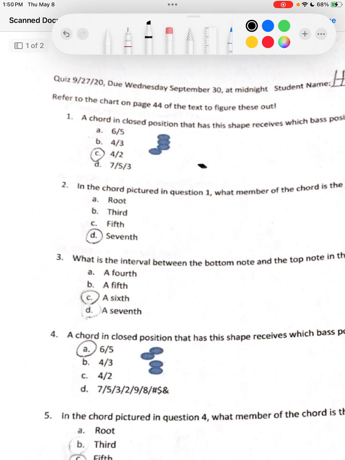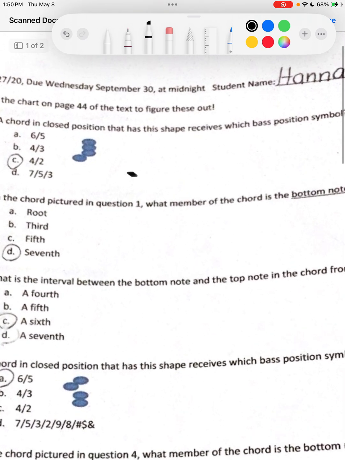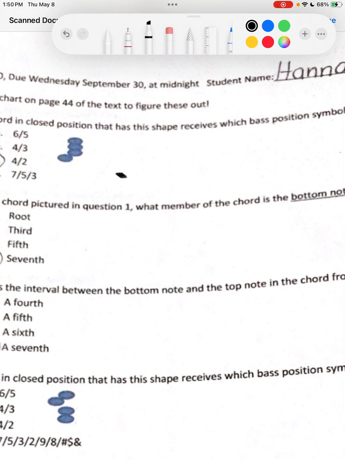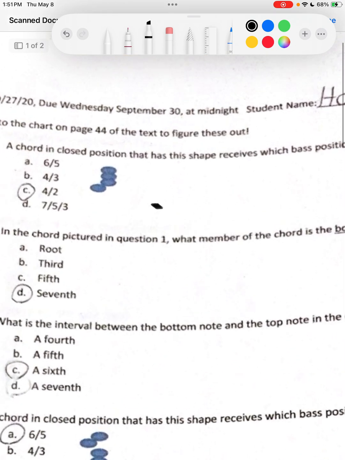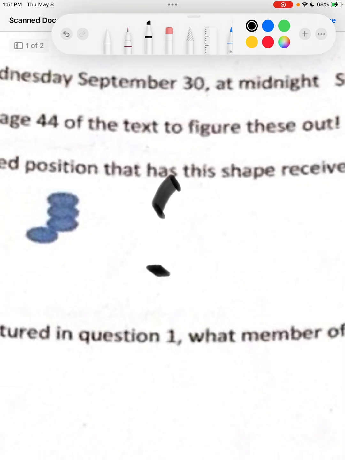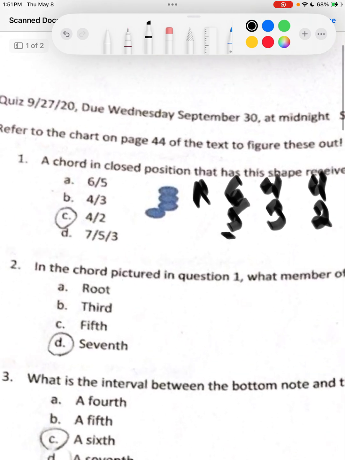Okay, so a chord is in close position that has this shape, that receives what base position symbol? Base position symbols we talk about is root. So the root is first, then the 6-5, then the 4-3, and then the 4-2. In that order. If it is 6-5, that top little note is going to have to be up top. Not the case.